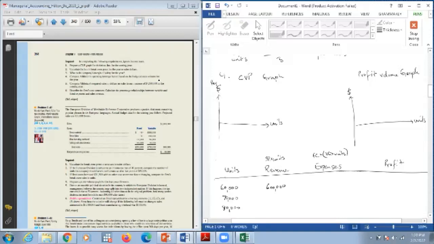This means that at 60,000 units, this will be... plus 60,000 multiplied by 7 is our variable cost, plus 210,000 fixed cost. That gives us 770,000.